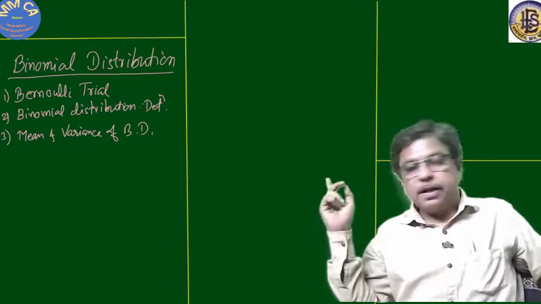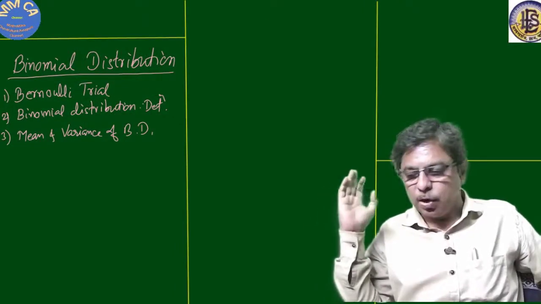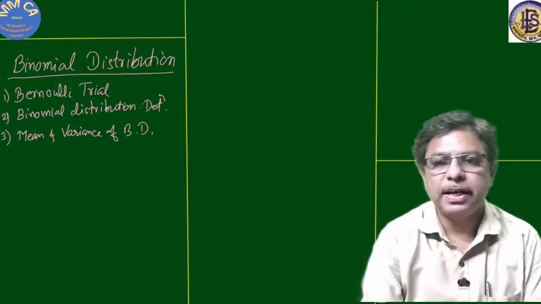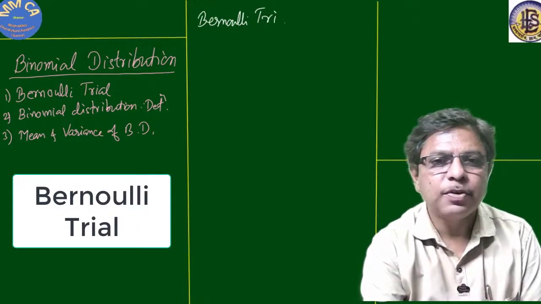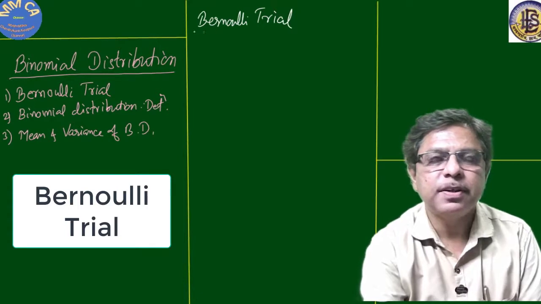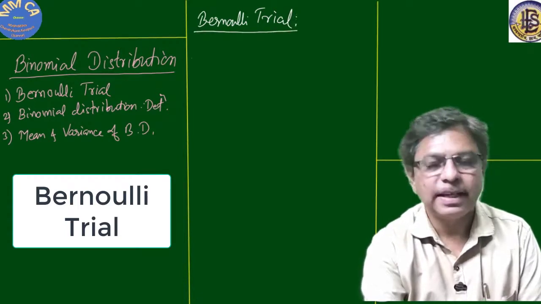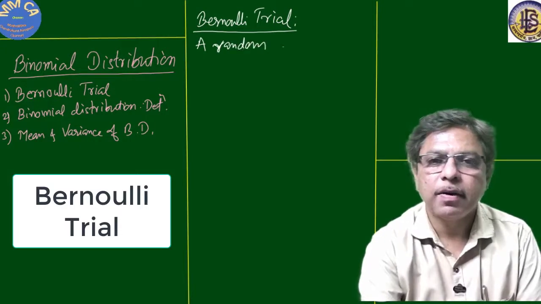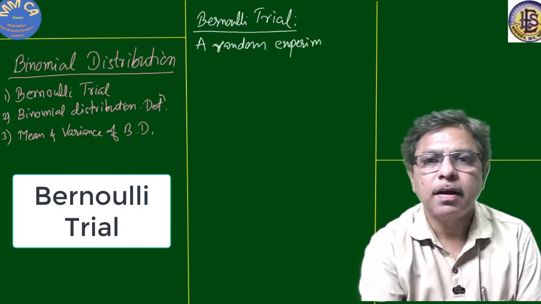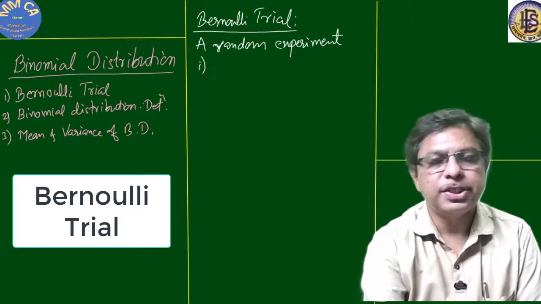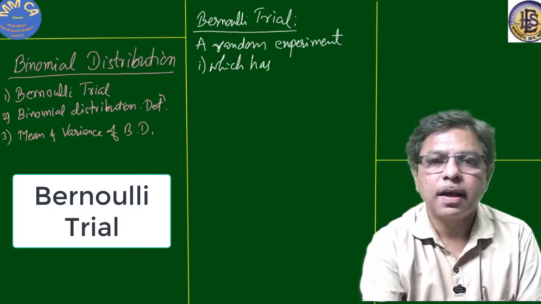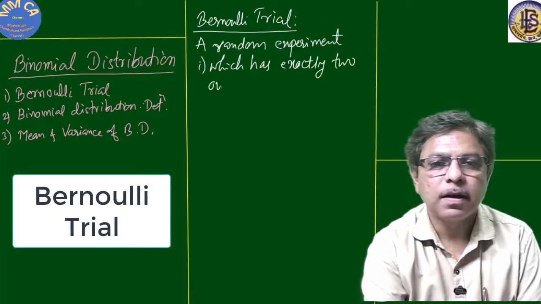Here we'll see the first point, the Bernoulli trial. We'll see what the meaning of Bernoulli trial is. A Bernoulli trial is a random experiment, a trial satisfying two conditions. The first condition is that it has exactly two outcomes.